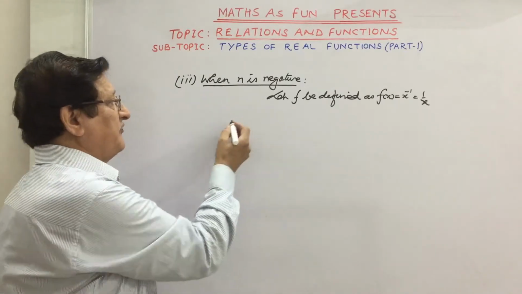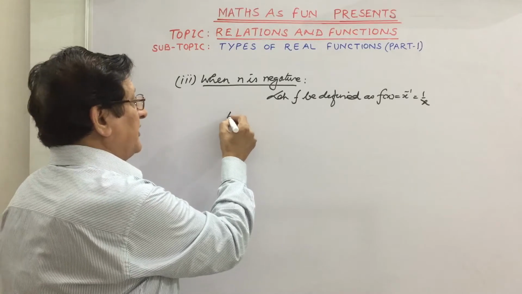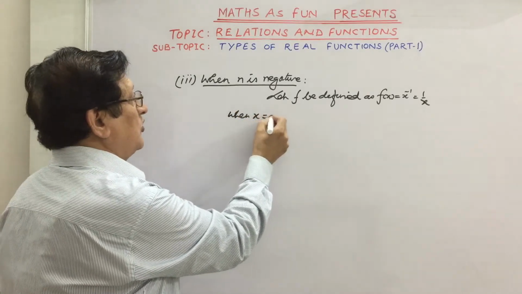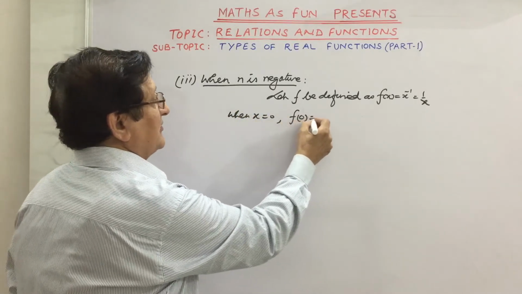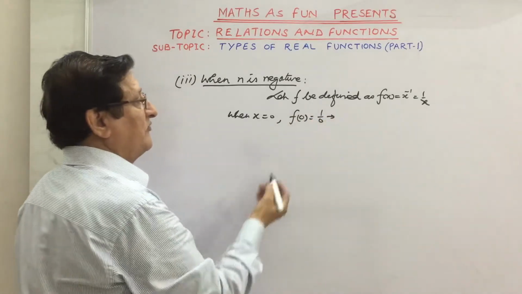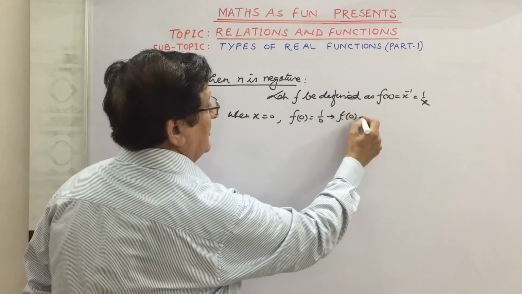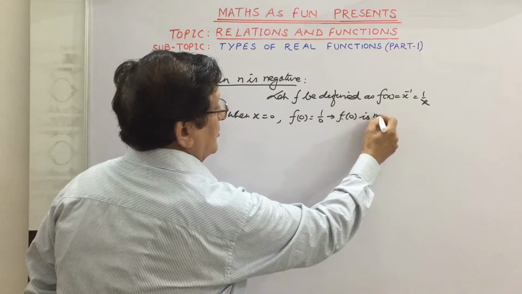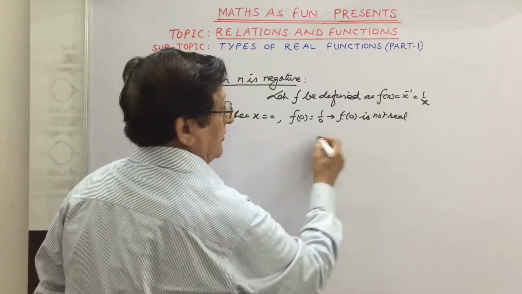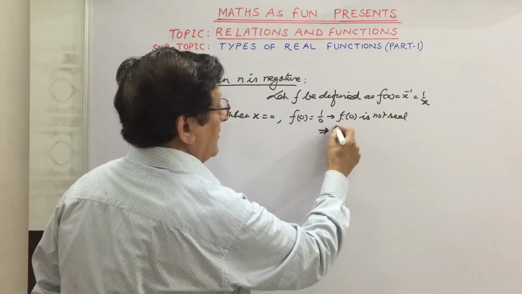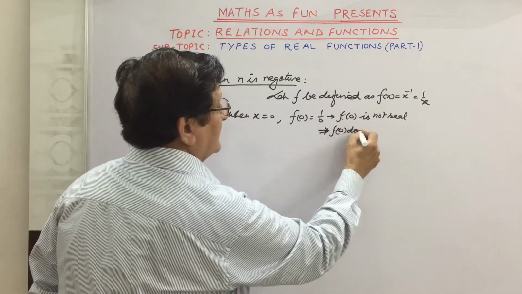Finding these points, we find that when x is equal to 0, f(0) is equal to 1/0, and we say that f(0) does not exist, it is not real.